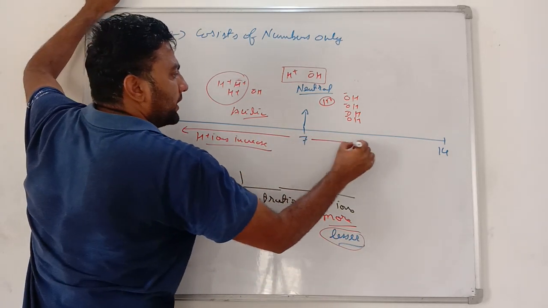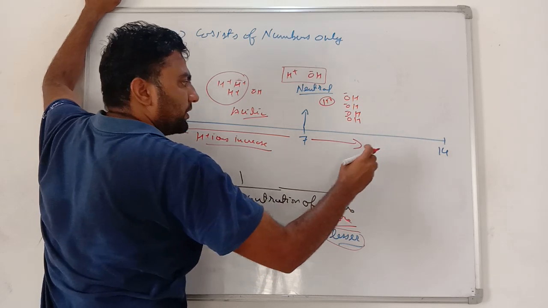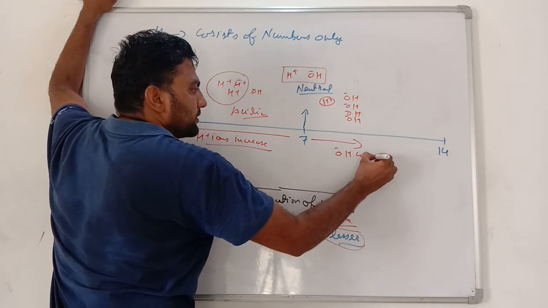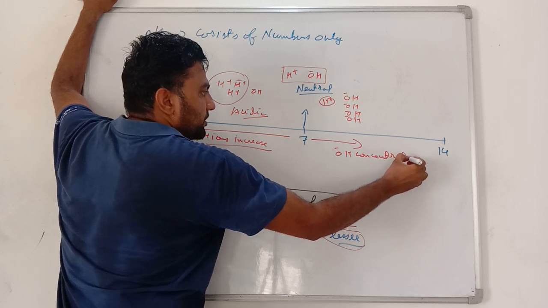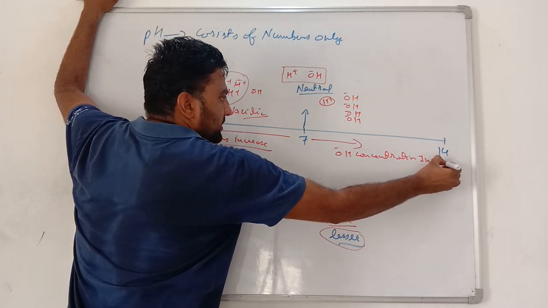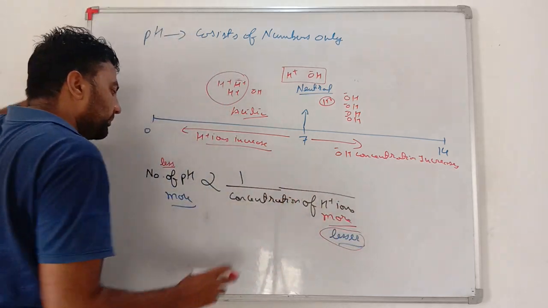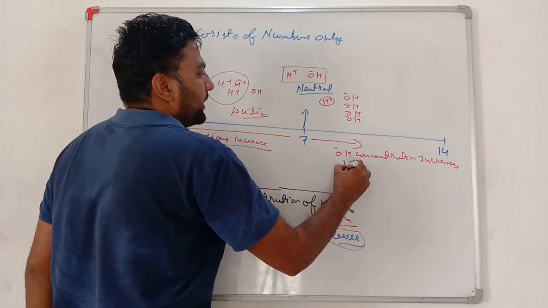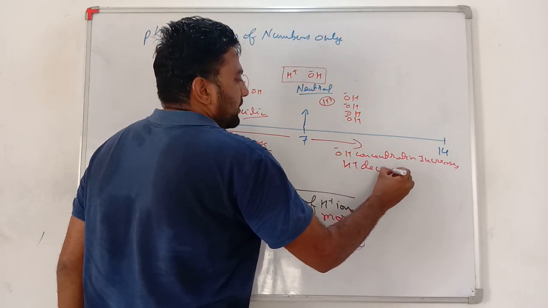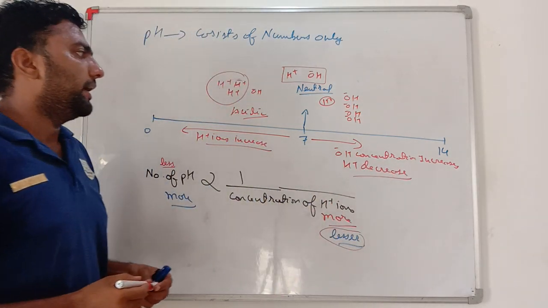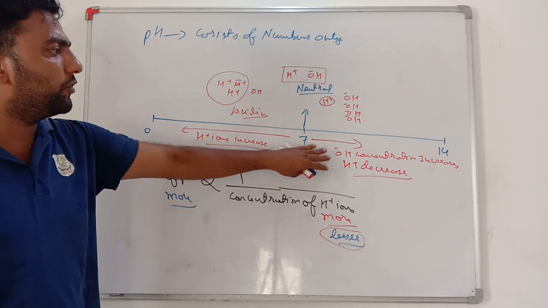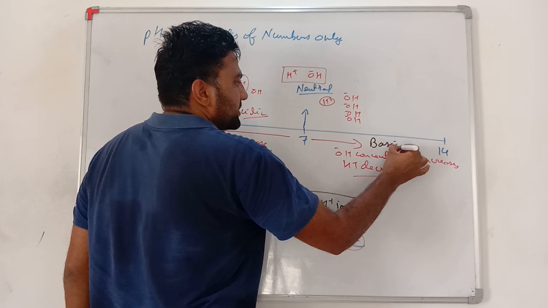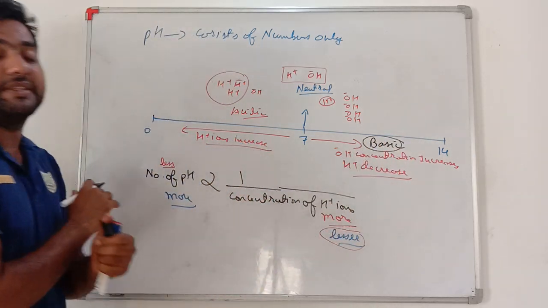It means if pH increases from 7, more and more, the OH minus concentration increases, and the concentration of H plus ions is less. H plus decreases. As H plus decreases and OH minus increases, any substance having pH above 7 is basic.